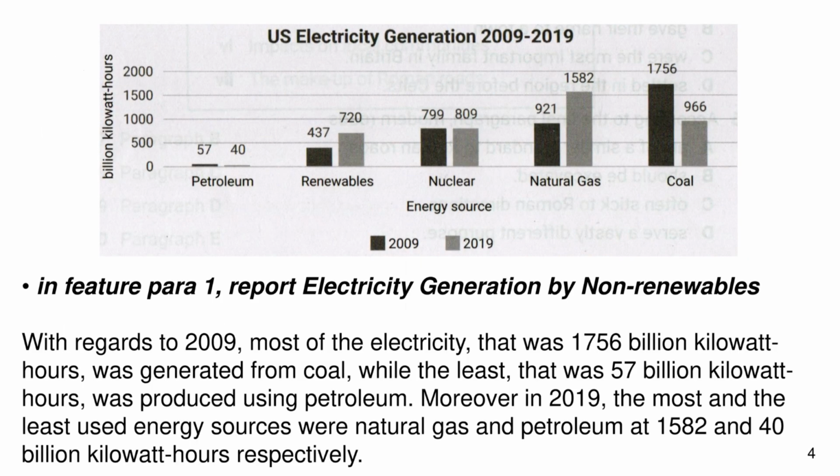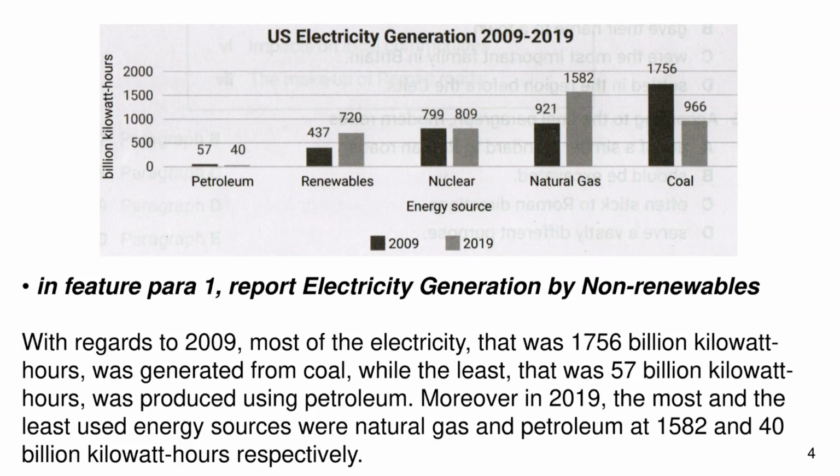In feature para 1, report the electricity generation by non-renewables. With regards to 2009, most of the electricity, that was 1756 billion kilowatt hours, was generated from coal, while the least, that was 57 billion kilowatt hours, was produced using petroleum.